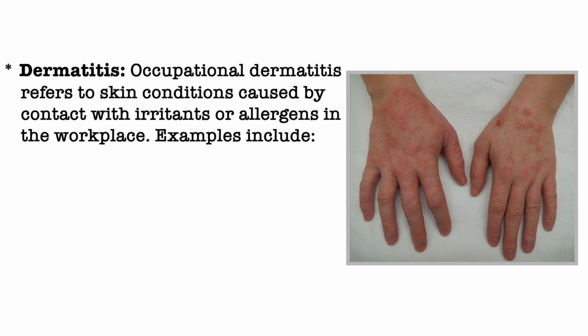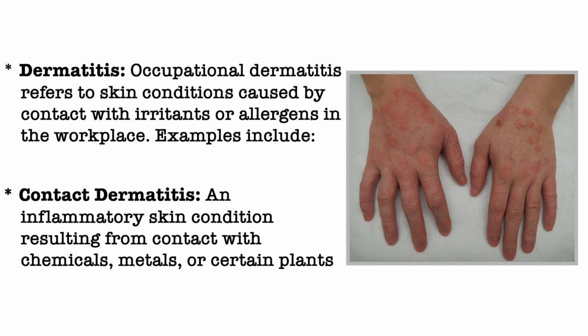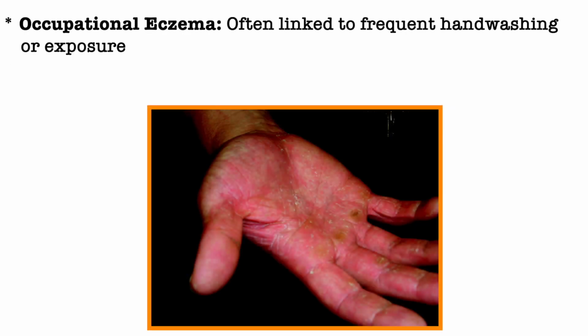This also includes contact dermatitis, an inflammatory skin condition resulting from contact with chemicals, metals or certain plants. Next one is occupational eczema, often linked to frequent hand washing or exposure to cleaning agents. Let us see how these diseases can be prevented through proper hygiene.